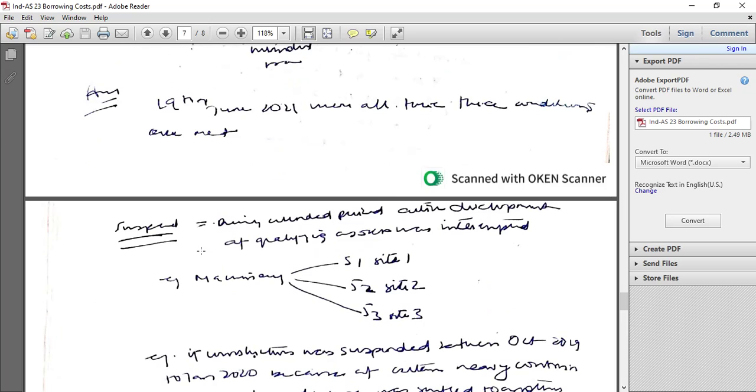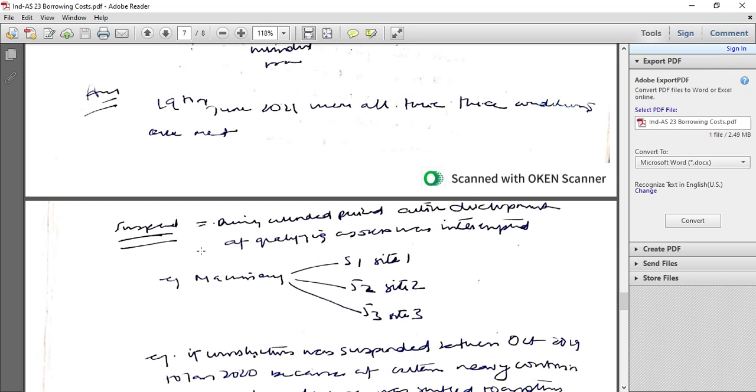Suspension of borrowing costs: during an extended period, if active development of a qualifying asset is interrupted, then borrowing costs would be suspended.